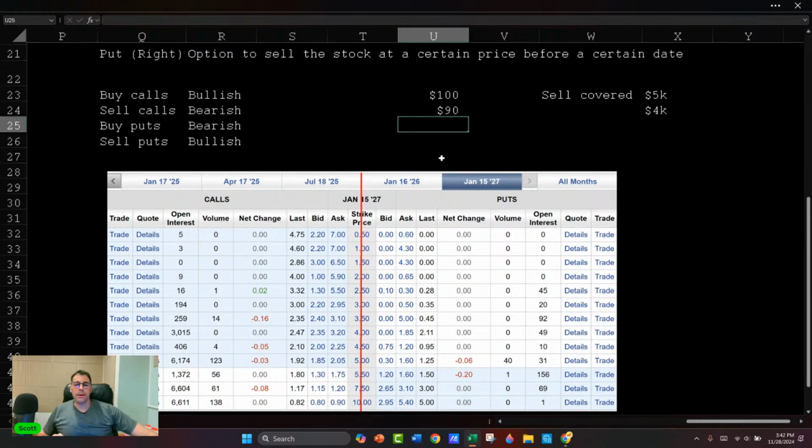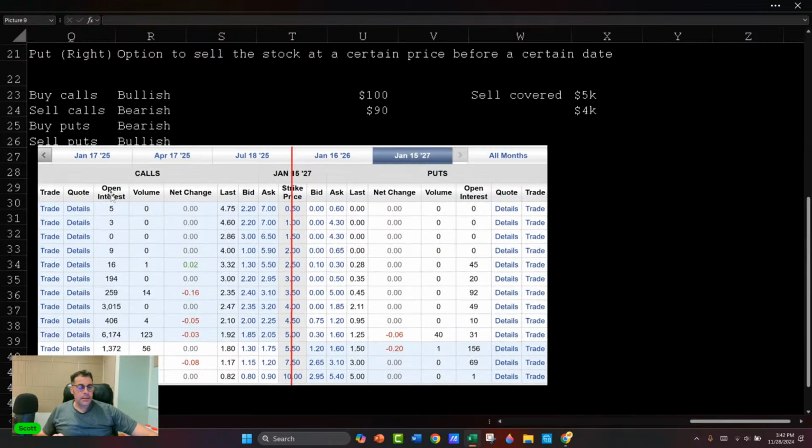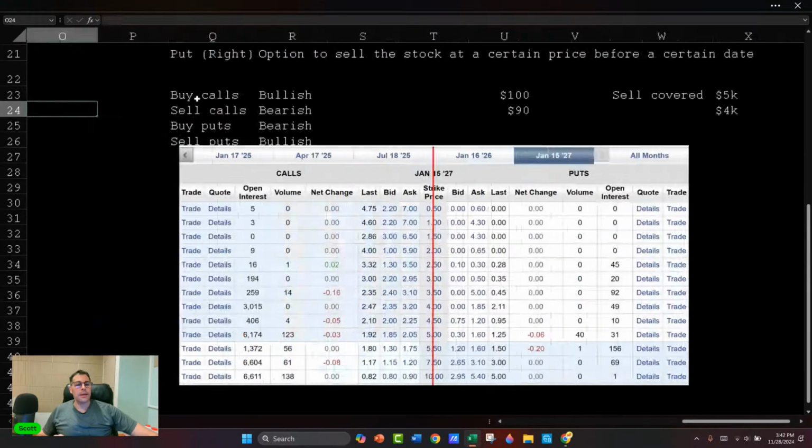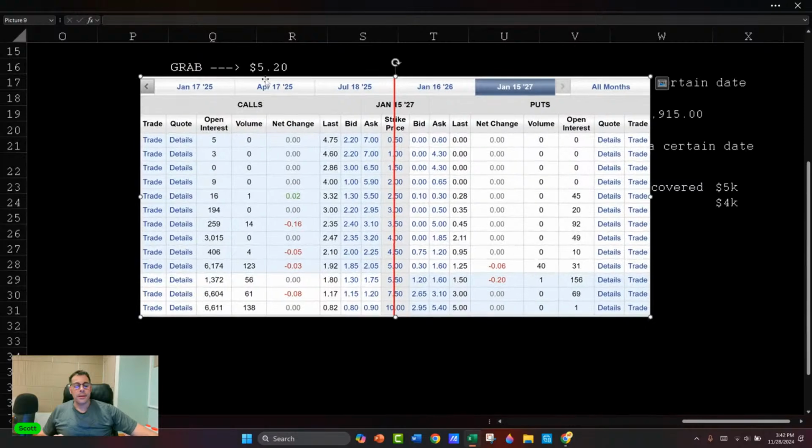We could use this as an example. So if you own the stock, it's trading at 520 today, and you sold January 2027 covered calls.